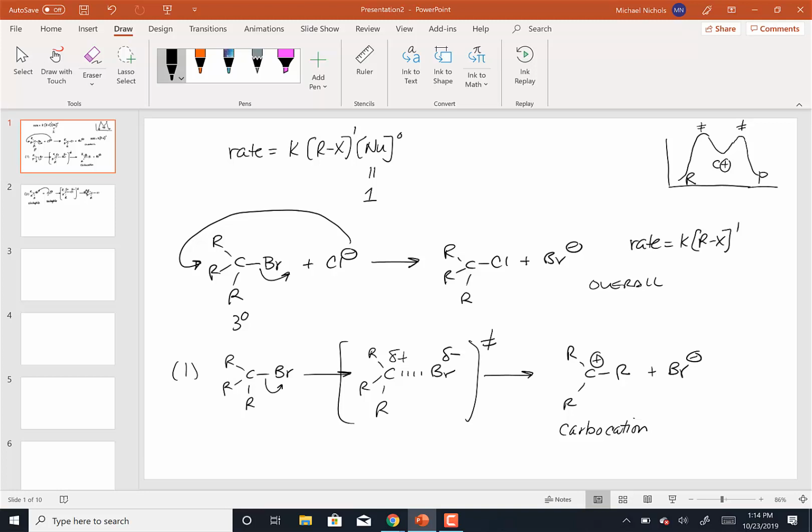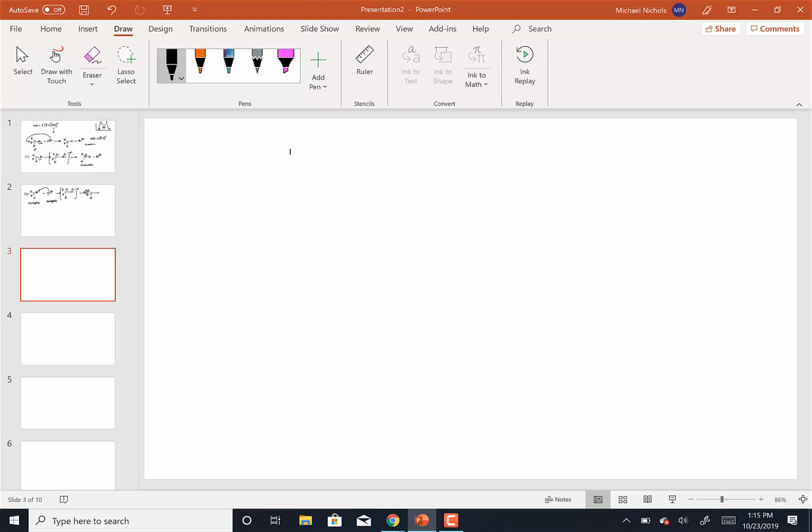Now, to go along with their proposal, there's going to be a lot of questions that are going to be asked. Number one, does this proposed two-step mechanism match up with the overall kinetics of the reaction? So let me just write a generic reaction here.